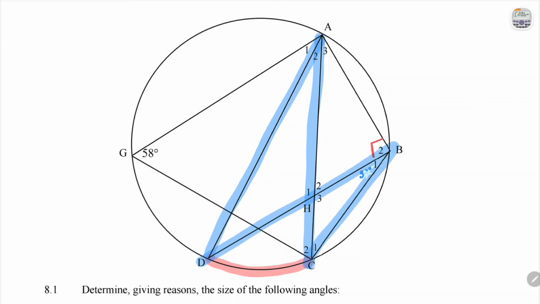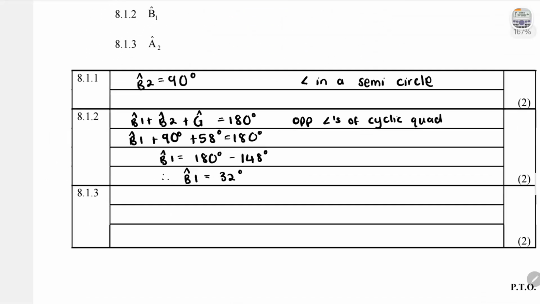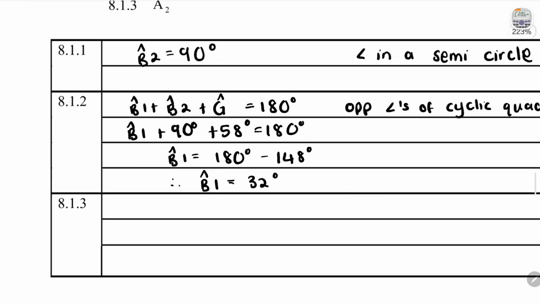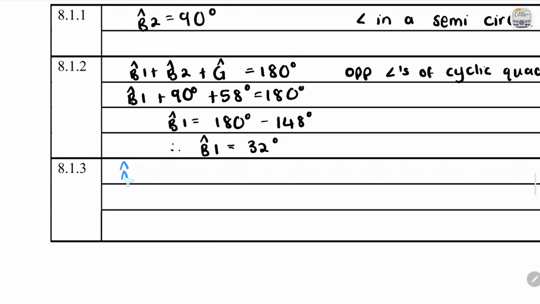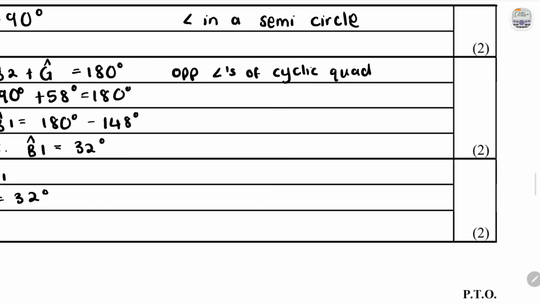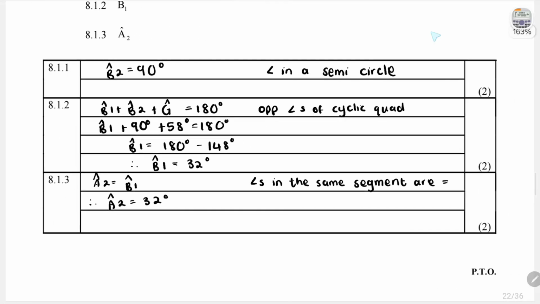So angle A2 is equal to angle B1, which is 32 degrees, because angles in the same segment are equal. And that is our answer.